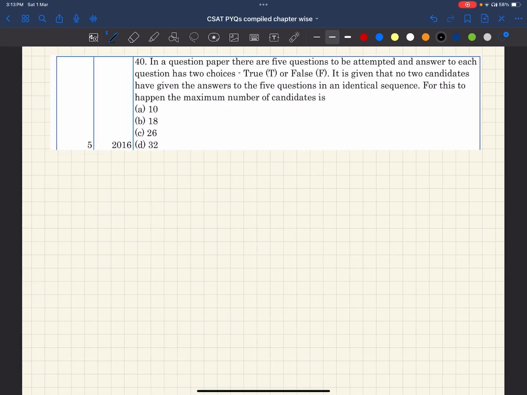Now let's go to the next question. In a question paper, there are 5 questions to be attempted, and answer to each question has 2 choices, true or false. It is given that no 2 students have given the answers to 5 questions in an identical sequence. That means nothing is same. For this to happen, the maximum number of candidates is, there are 5 questions, Q1, Q2, Q3, Q4, Q5, right?